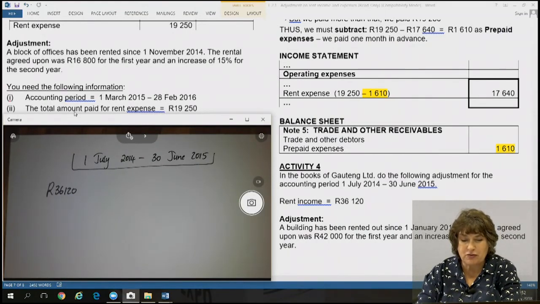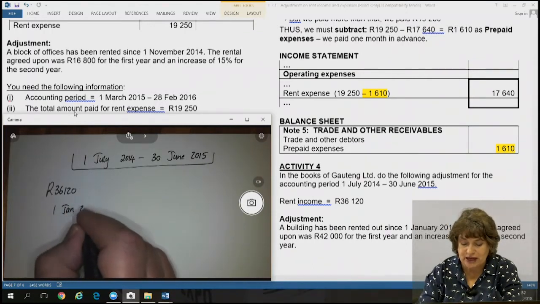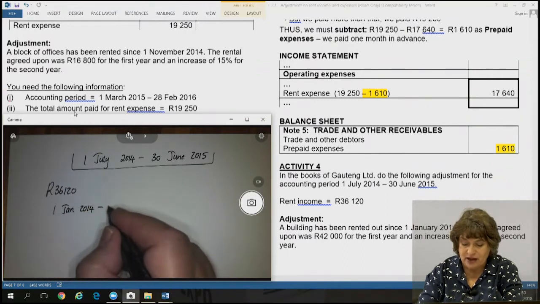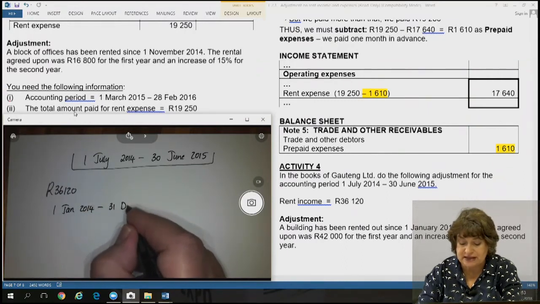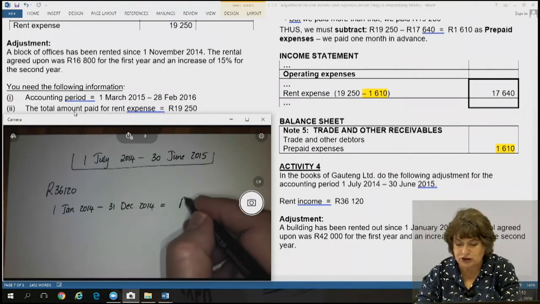A building was being rented out since the 1st of January 2014. The 1st of January 2014 was outside our year, until the 31st of December 2014. That agreement was 42,000 rand.